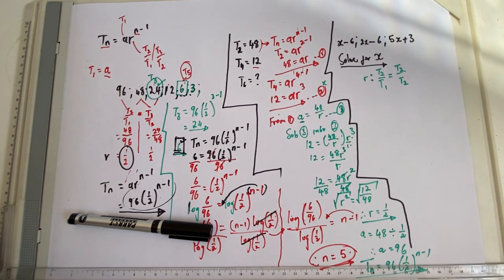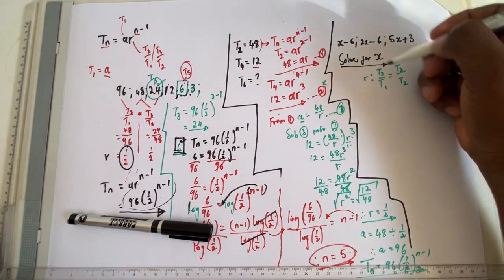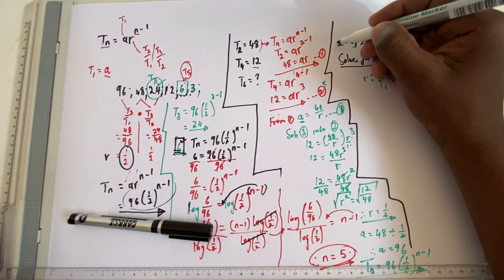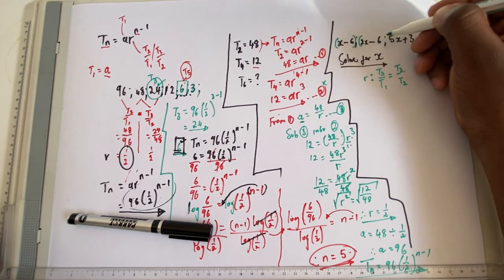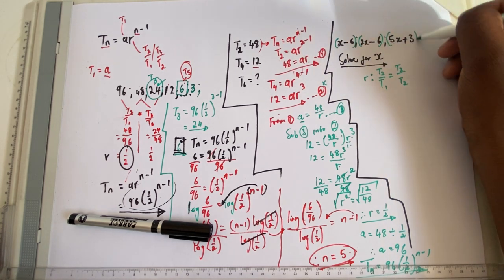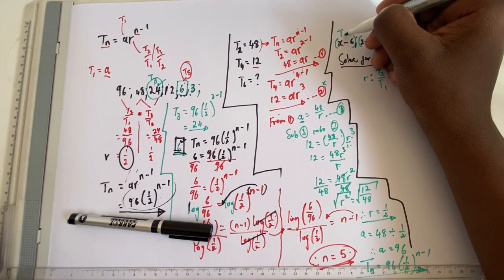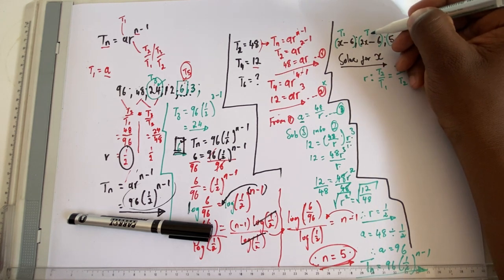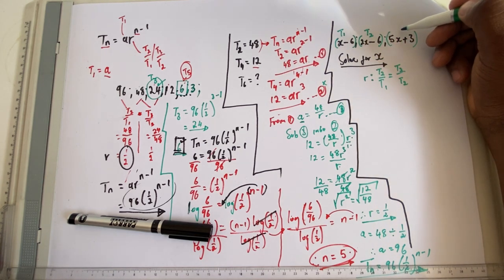If you're asking yourself why I did this, look at what we have in my equation. If I just make use of brackets like this so that you can see them for what they are, I could say this whole bracket is term number 1, this whole bracket is term number 2, this whole bracket is term number 3.